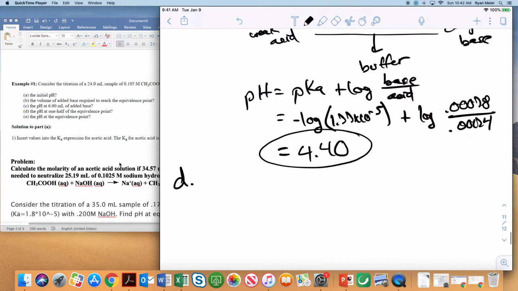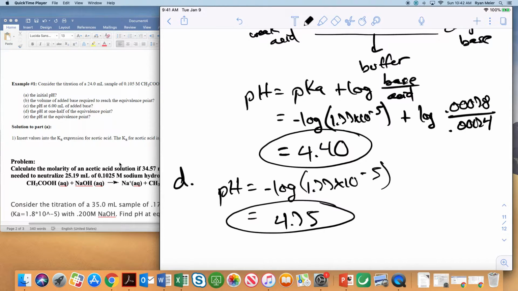So all I have to do to find the pH halfway to my equivalence point for this weak acid titration is just take the negative log of 1.77 times 10 to the minus 5. And that's going to be about 4.75. So I get a pH of about 4.75, halfway to my equivalence point.